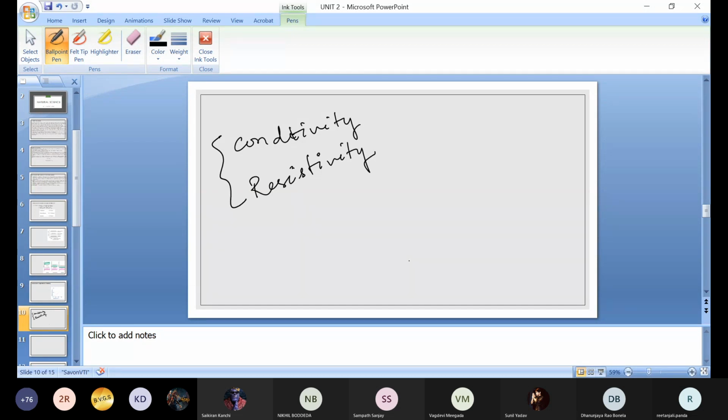So conductivity means what? When current flows in a material, that material is called a conducting material, and the property due to which the material is able to conduct the current, or let the current pass through it, is called conductivity.